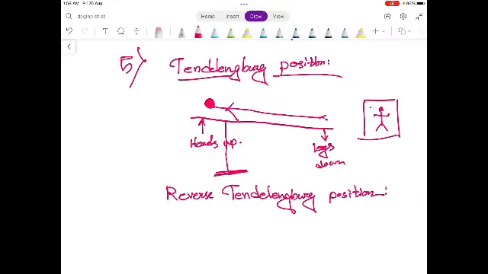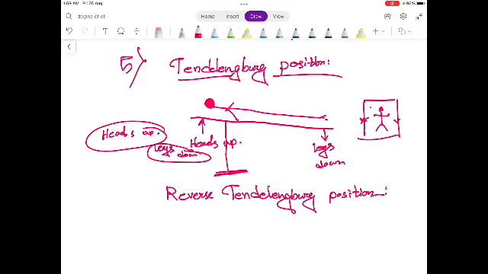One more thing we have to add: this side up and this side down, or the reverse could happen. That is, heads up, legs down always.